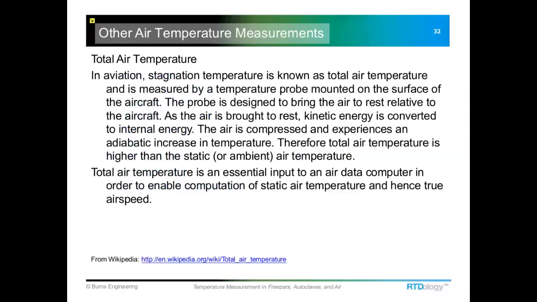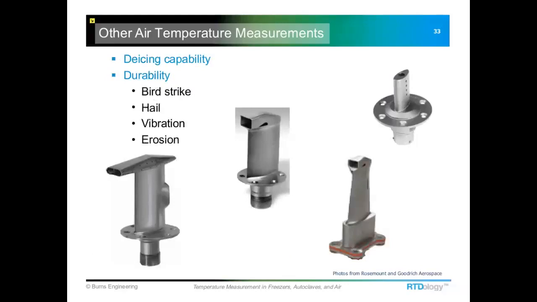The other thing I wanted to talk about is some other types of air temperature measurements. One that I was involved in years ago was total temperature, and these are typically used on aircraft for setting engine power settings and calculating airspeed. They take lots of different shapes. They have to be able to withstand bird strikes, hail strikes, all sorts of abuse.